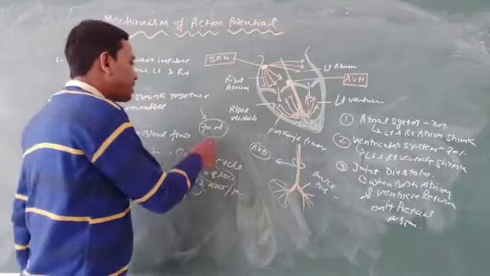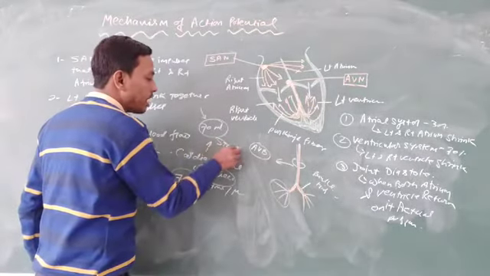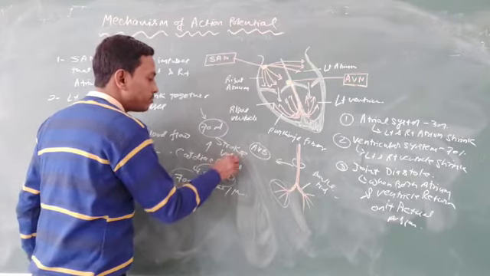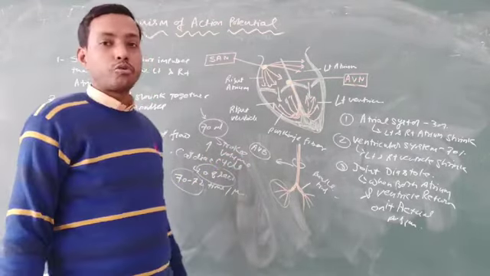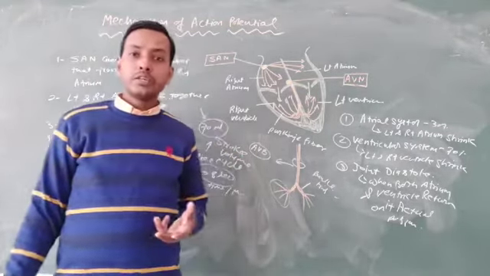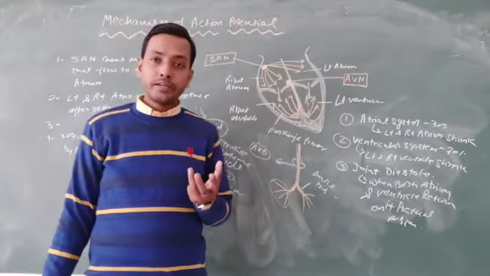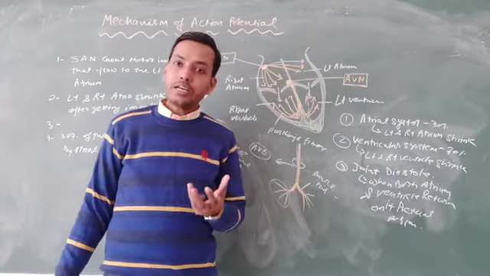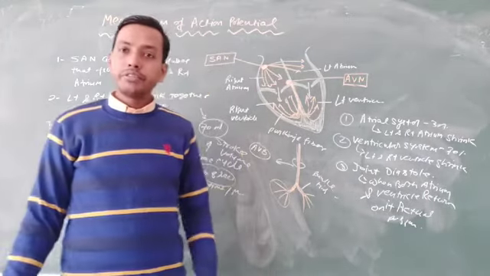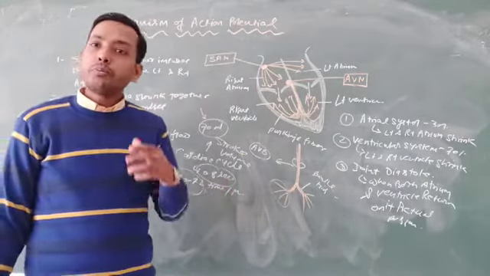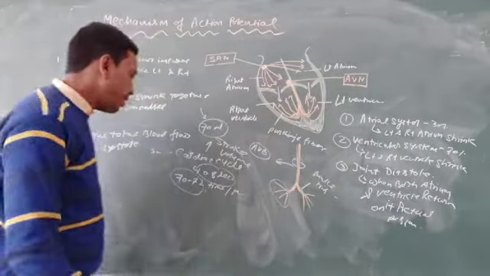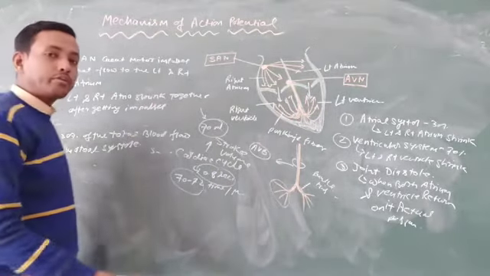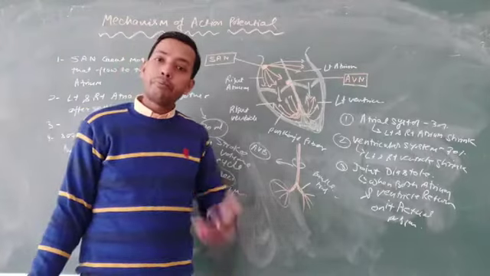This is called stroke volume. So how can we define stroke volume? You may write down: the total volume of blood that flows in each cardiac cycle is called stroke volume, and a cycle takes about 0.8 seconds.